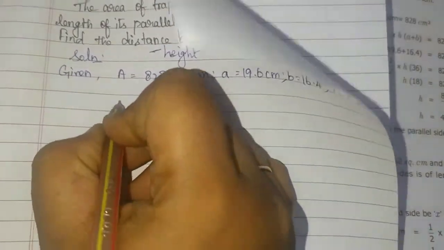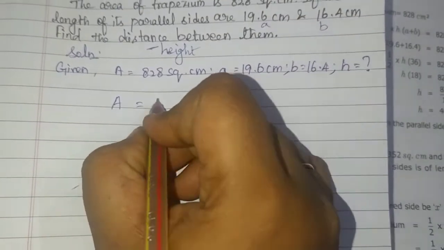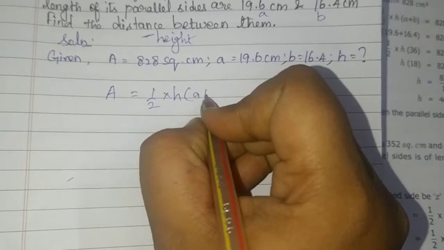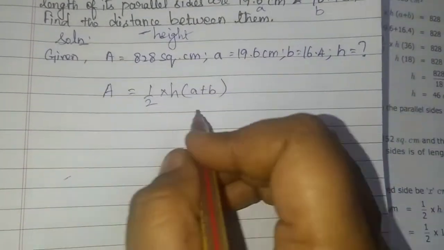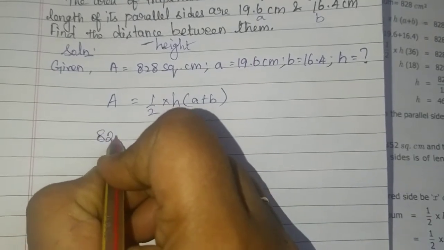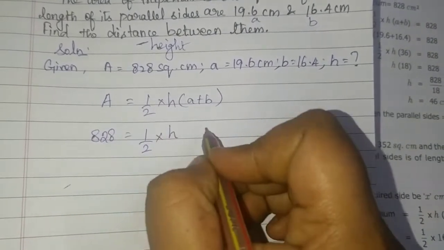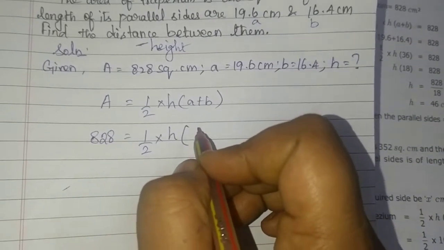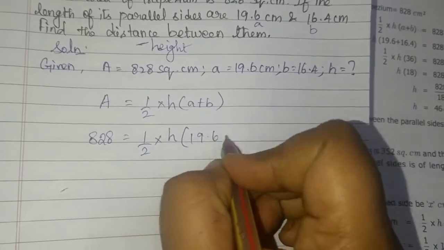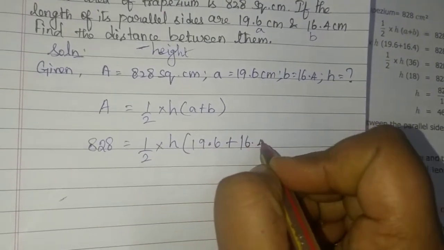Now you write the area of the trapezium equal to capital A I given here, half into h into a plus b. We know that the formula. Now we just substitute the values here. 828 equal to half you given here, h you keep because we don't know that. So next a value is 19.6 plus b value is 16.4.